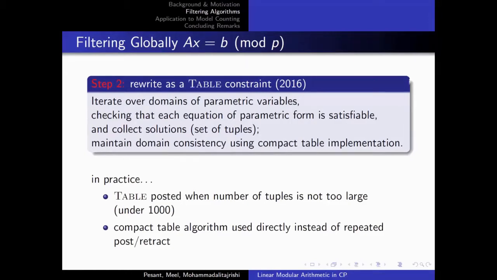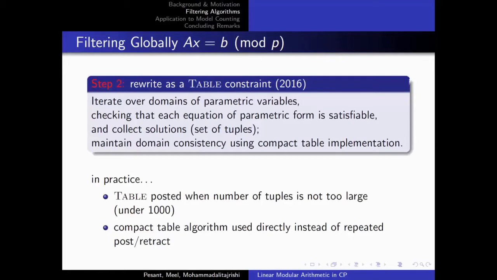Once you've got the parametric form, you iterate over the domains of the parametric variables. Now, if you evaluate the expression on the right-hand side, it gives you a value for the left-hand side, but those dependent variables are not truly free variables, right? They have their domain.